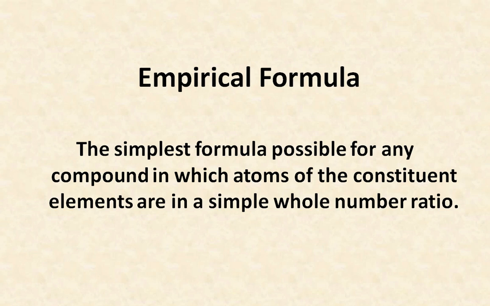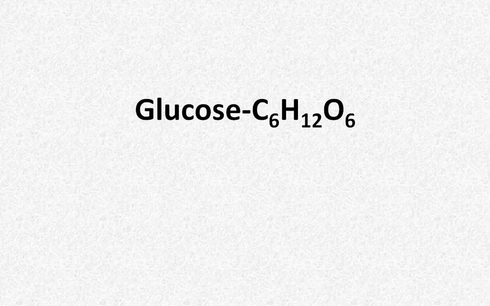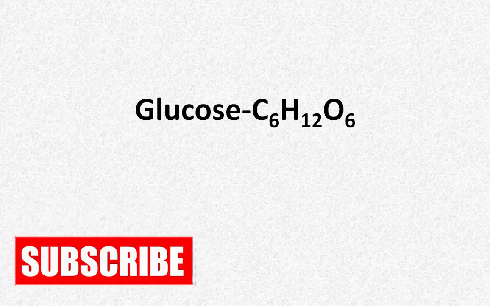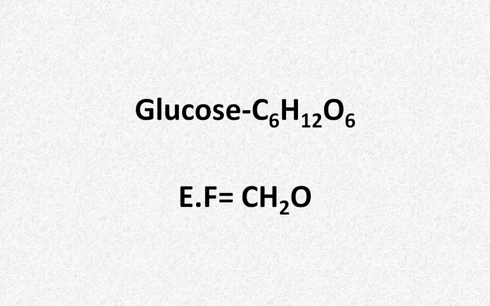Now moving to empirical formula. It is the simplest formula which will show the simplest ratio of all the constituent atoms. For example, glucose. See, the ratio of carbon, hydrogen and oxygen in glucose is 6:12:6, which is 1:2:1.